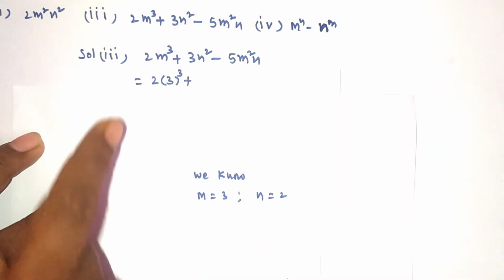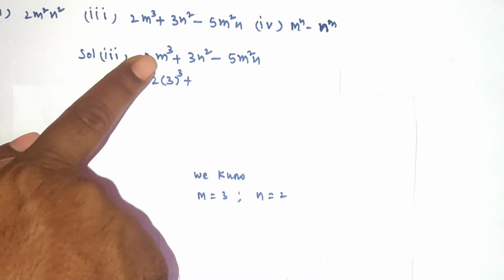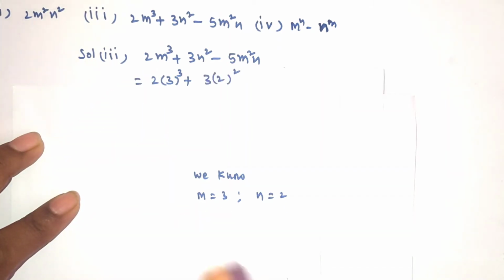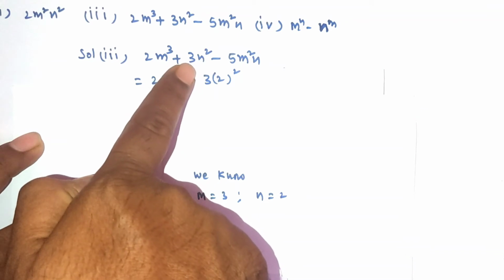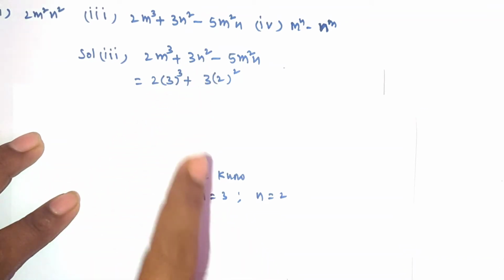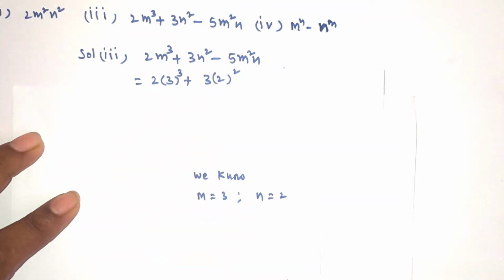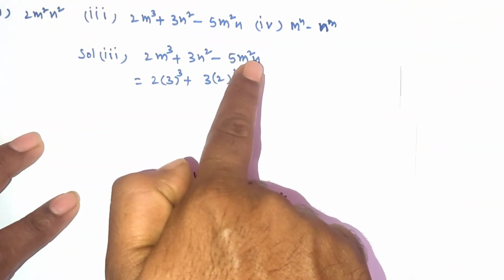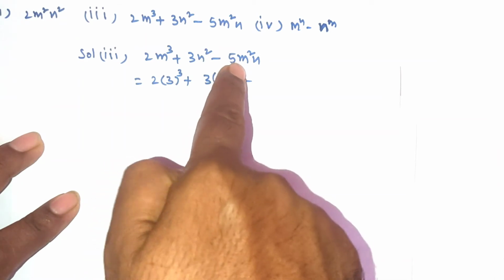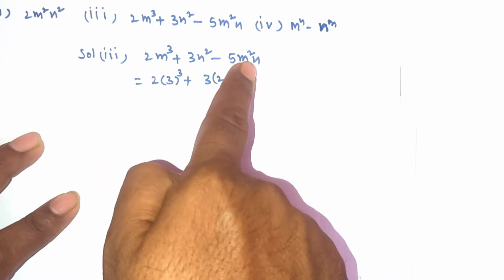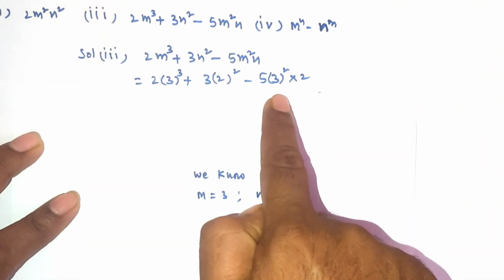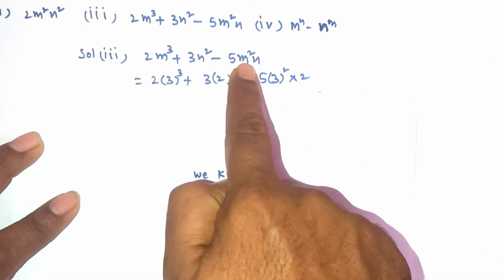Here we replaced m with 3 because m is equal to 3. Here we replaced n with 2 because n is equal to 2. Again we got m and n here. We have to replace m value with 3 and n value with 2. So we have replaced m value and n value here.